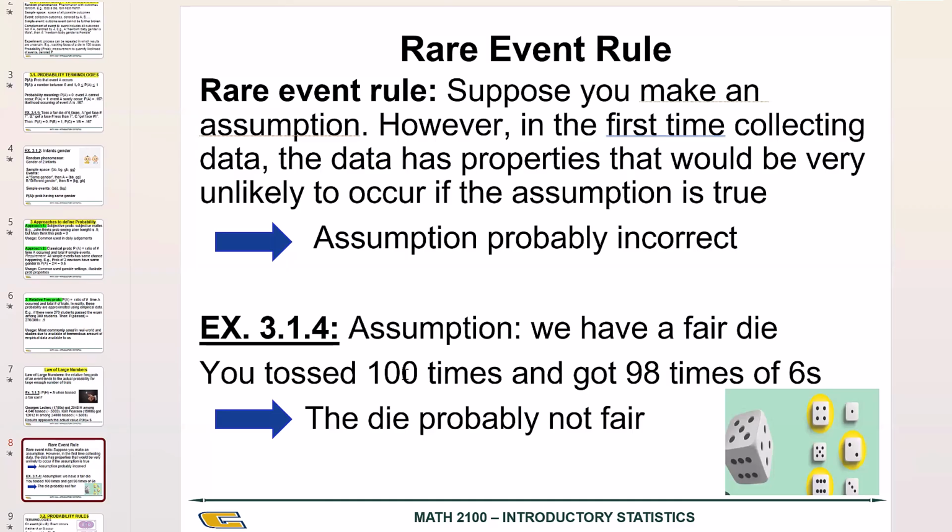And actually we use the rare event rule in a lot of settings in real life. For example, in a job interview, you assume that this is a good candidate, but the first time he gets a job interview he shows up late, maybe 15 minutes. If a person is a good match, a good candidate, we shouldn't see such a thing. It would be very rare.